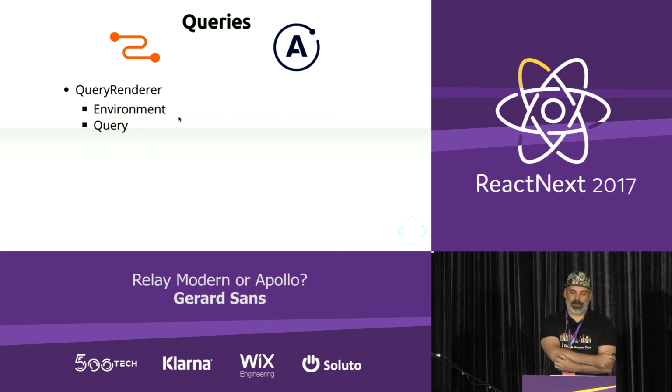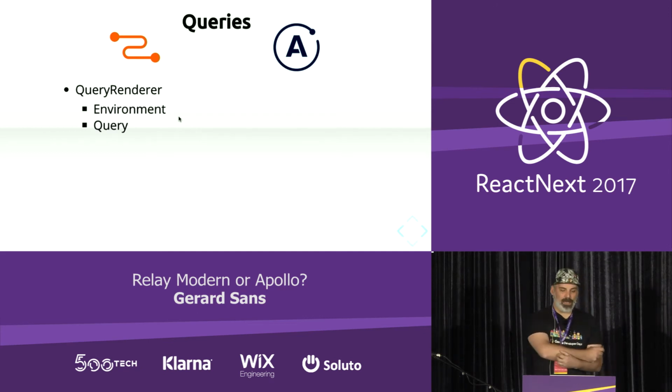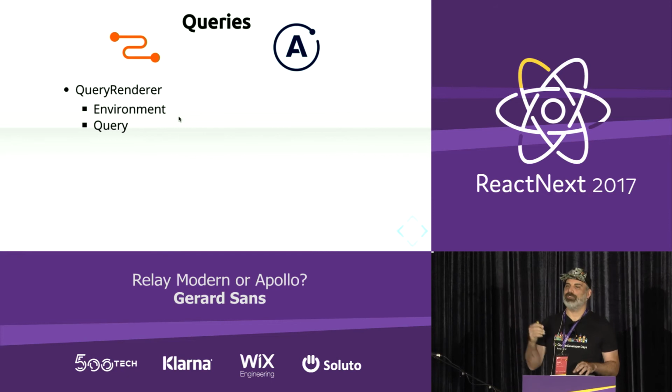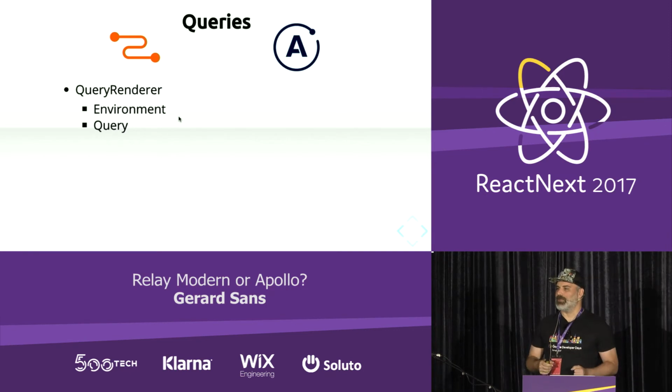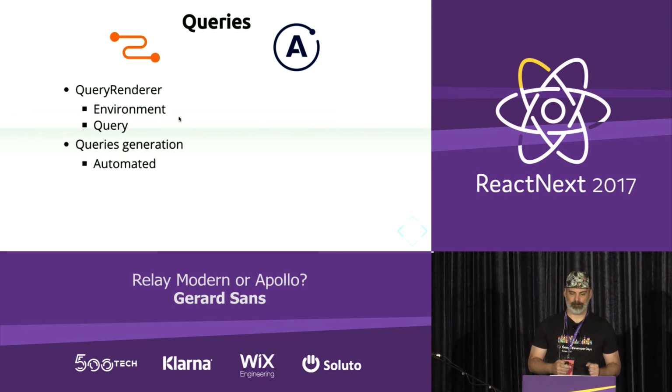For the queries on Relay Modern, we use this query renderer, a high-order component that will take the environment that we just did the setup for and our query. And this query will usually be at the root, and we'll just maybe take the list of posts for our application. You can also have multiple roots if you need.